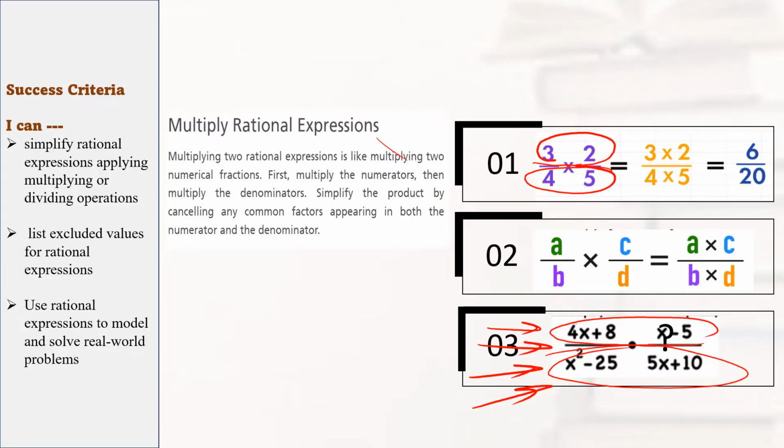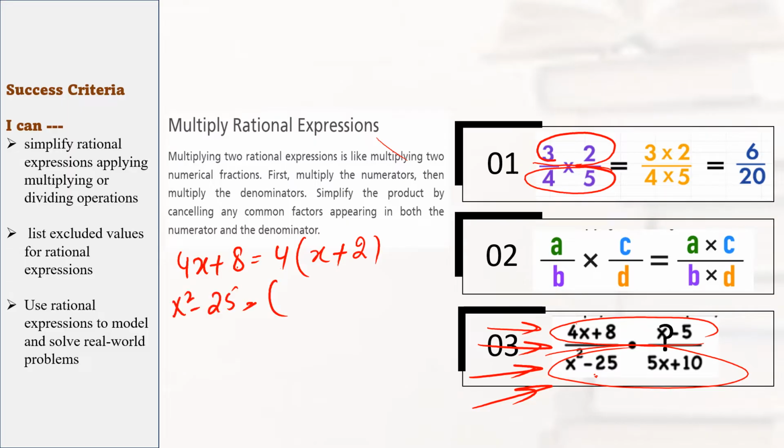So for example, 4x plus 8. If I want to solve it, can I take the common 4? Yes. So what is left? 4x divided by 4 gives me x, and 8 divided by 4 gives me 2. Now there is a factor of x square minus 25.